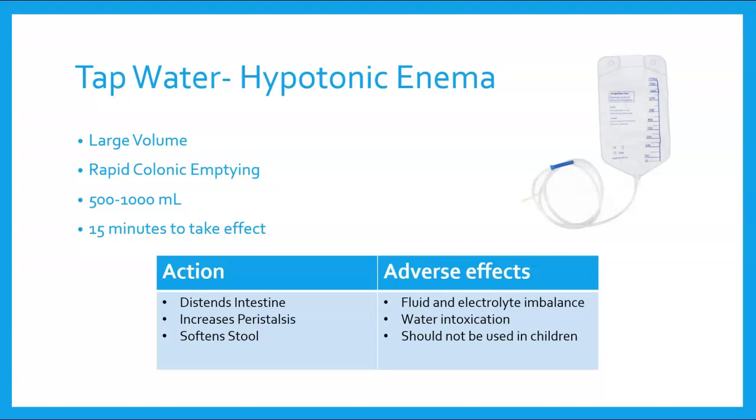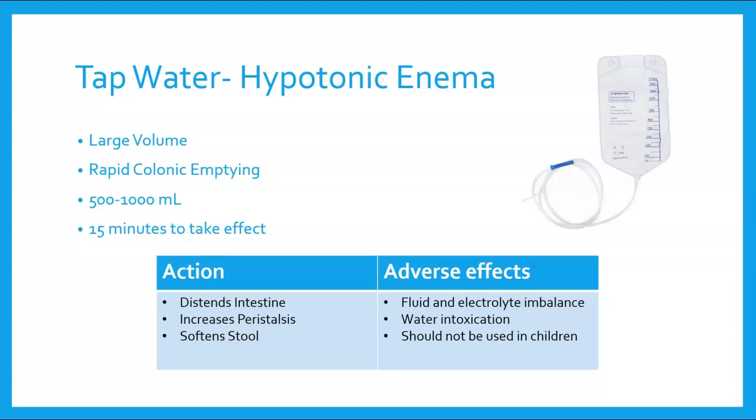This leads to rapid colonic emptying, and it takes about 15 minutes to take effect. It distends the intestines, which in turn increases peristalsis, the movement of the stool, and it also helps to soften the stool.